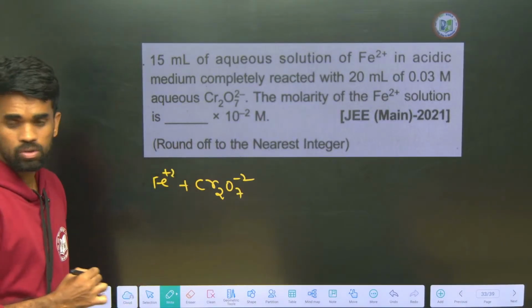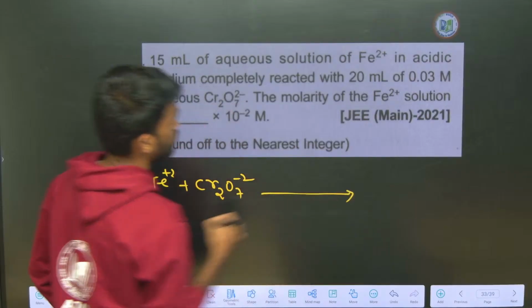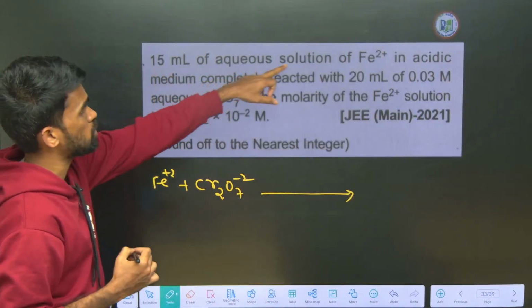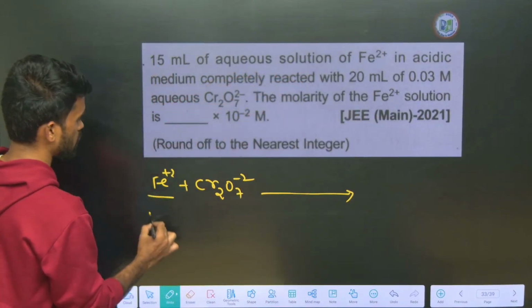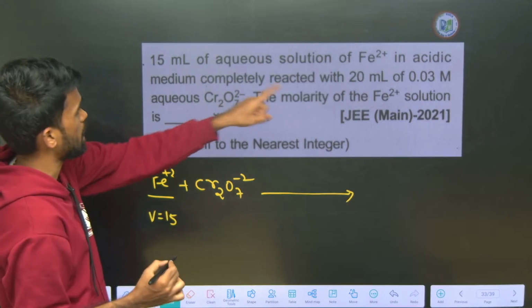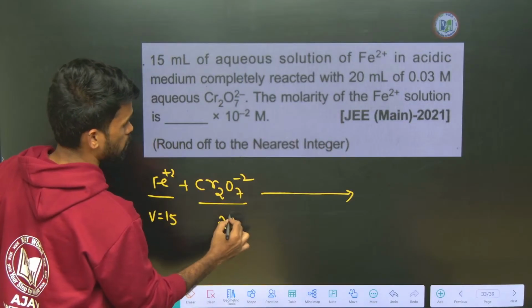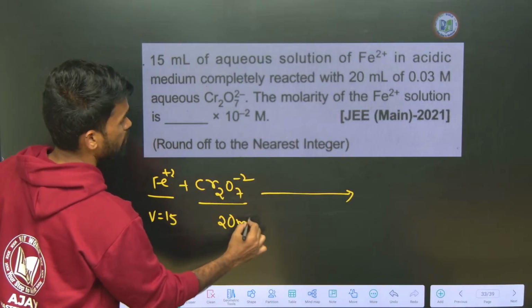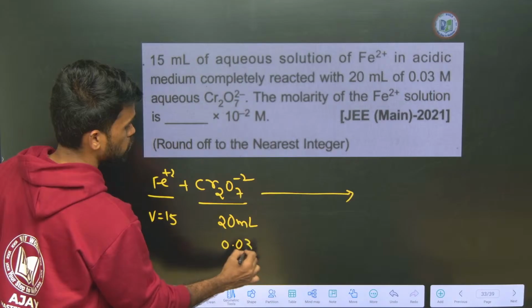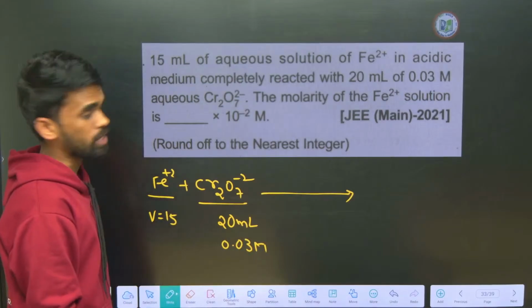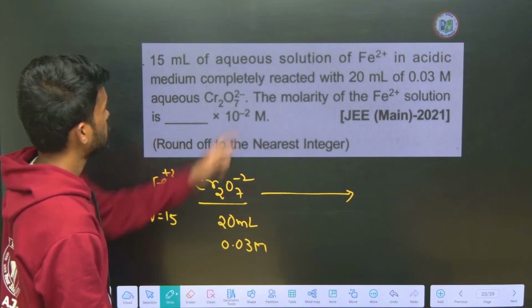So now, 15 ml of aqueous solution of Fe +2, in acidic medium, completely reacts with 20 ml of potassium dichromate having concentration 0.03 molar. Now what are they asking?